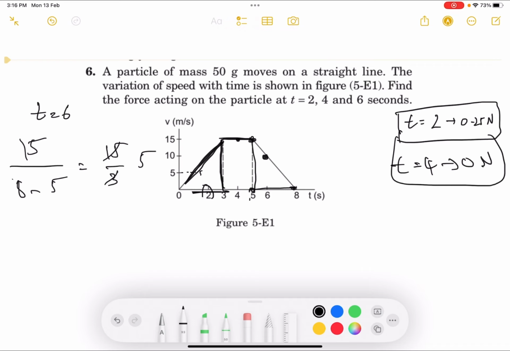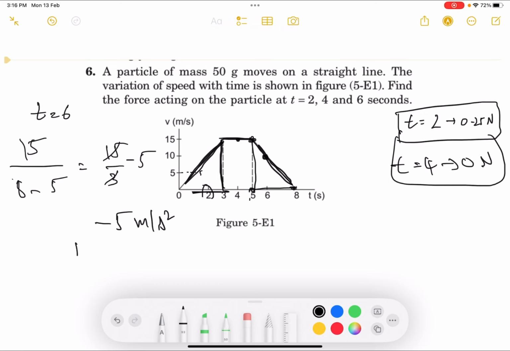This is 5 again, right? But it is in the downward direction, so it is going to be minus 5. So the slope is now minus 5 meter per second square.